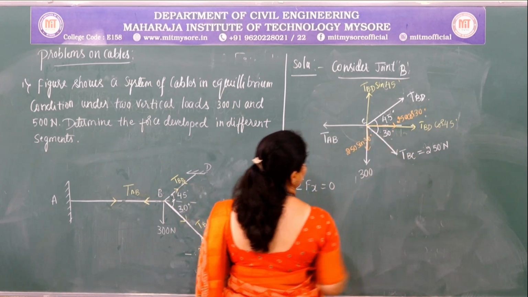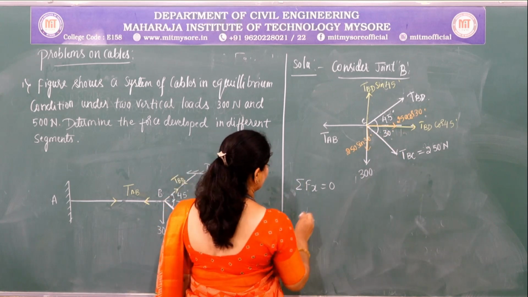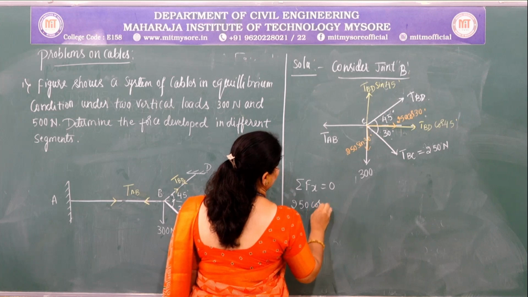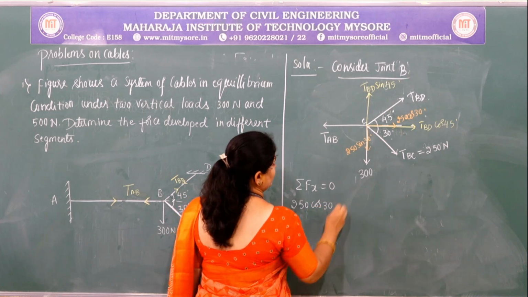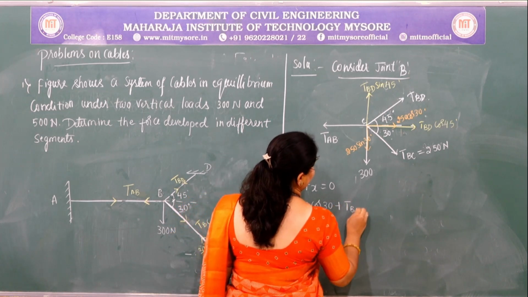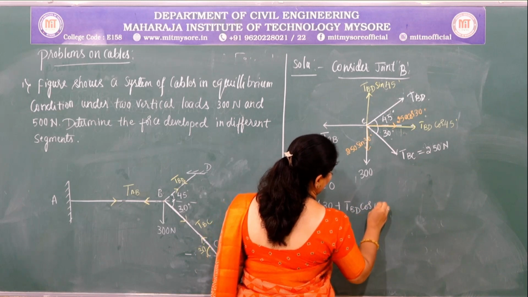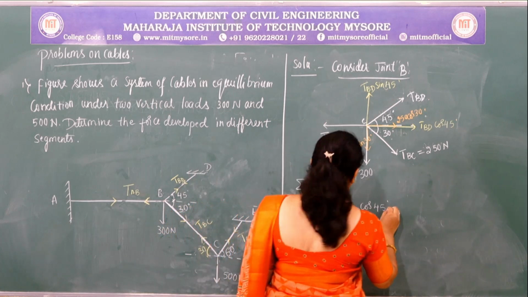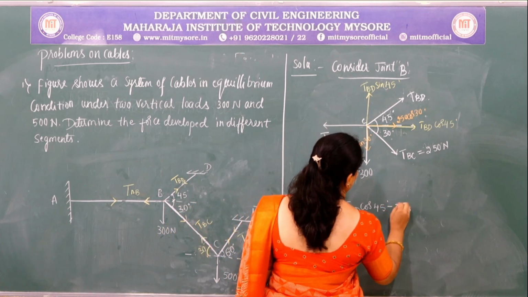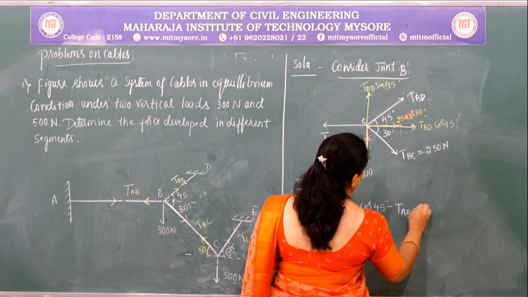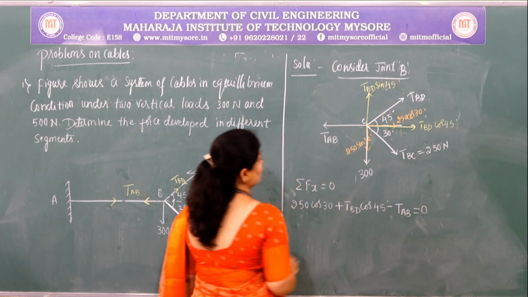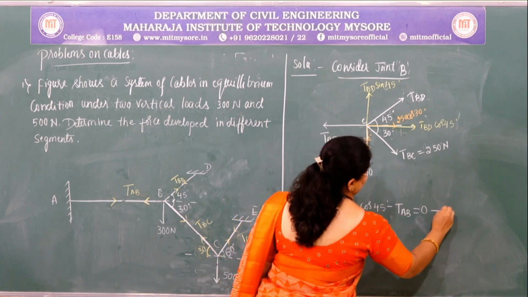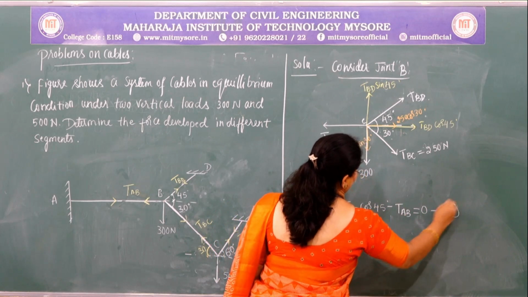On the positive x-axis there are two forces: 250 cos 30 plus TBD cos 45, and on the negative x-axis there is a tensile force TAB, which is equal to 0. Here there are two unknowns, TBD and TAB. So let us consider this as equation 1.